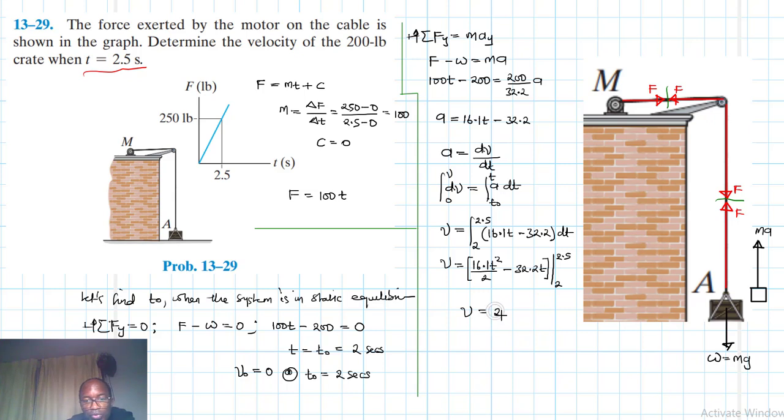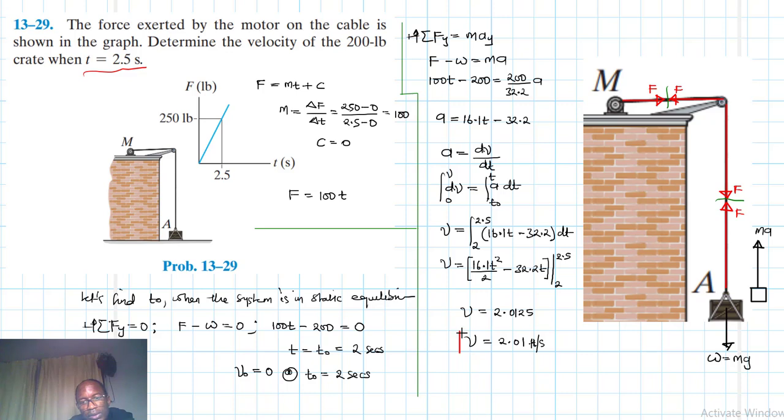So we have 2.0125. Therefore our v is just going to be equal to 2.01 feet per second.